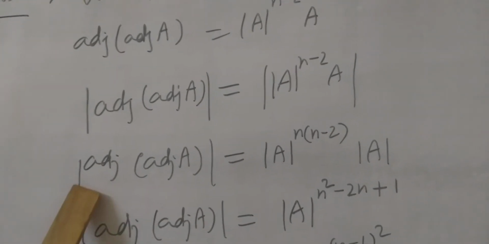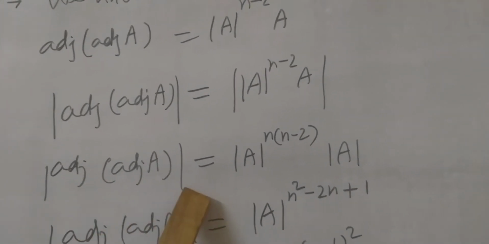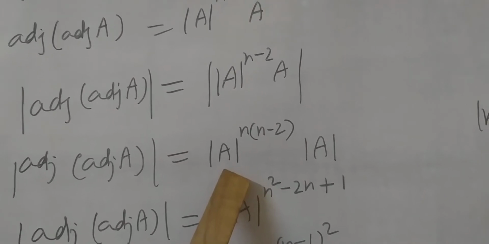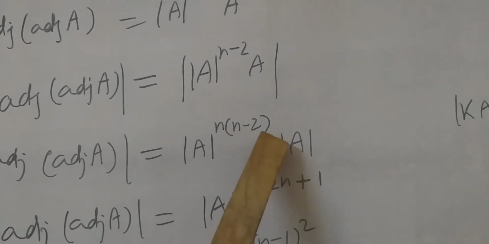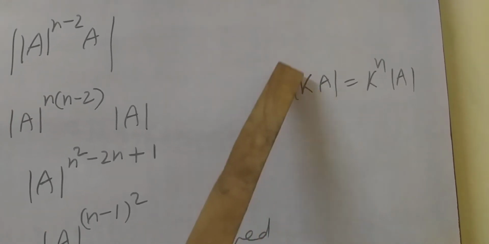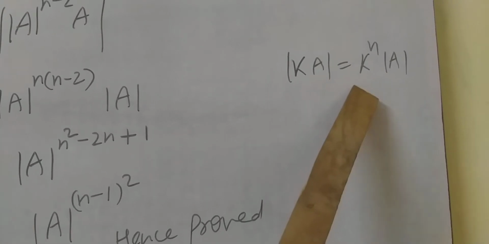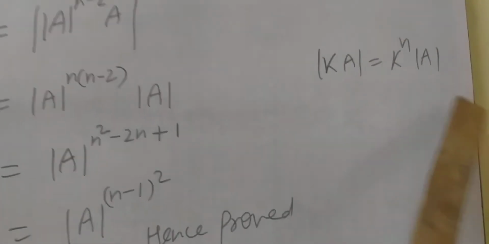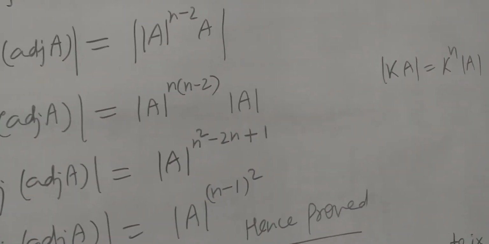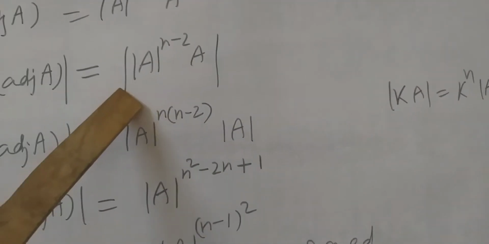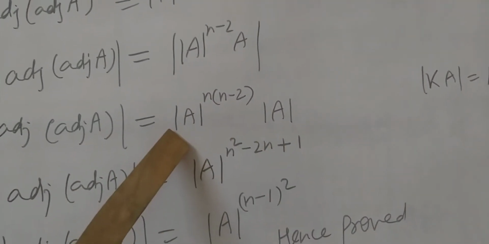So determinant of adjoint of adjoint A equals determinant of determinant of A to the power n minus 2, into A. I have used this property, students: determinant of kA, where k is a scalar, equals k to the power n into determinant of A. Correct, students? I have supposed this part as k.